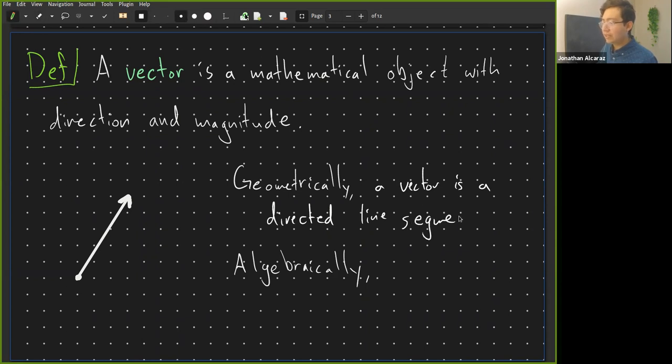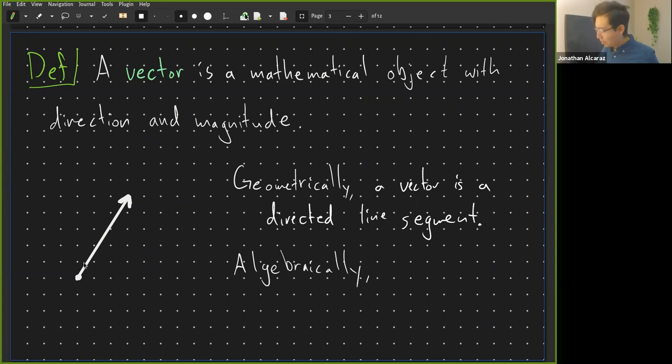So let's break down what they mean by this. I ripped this from the textbook. What do we mean by a directed line segment? Well, it's a line segment because it has a start and an end, and it's like a straight line in between, right? And then the directedness means it has a certain direction. It goes in this direction. It doesn't go in the opposite direction, okay? So that's what we mean when we say it's a directed line segment.